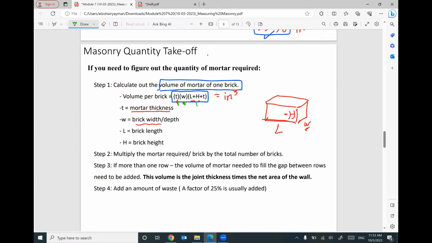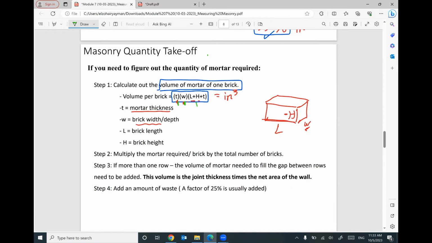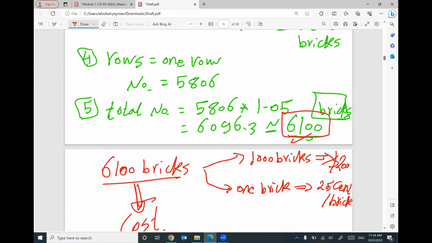Since from the previous example, you are aware how many bricks we need to construct, then I can multiply this amount of mortar needed for one brick by the total number of bricks. Then you can find out how much mortar is needed to construct this number of bricks. That makes sense?